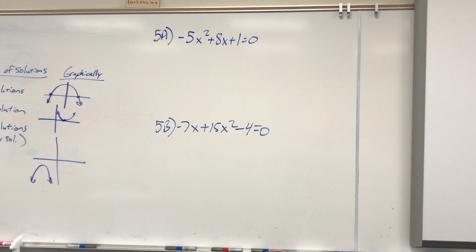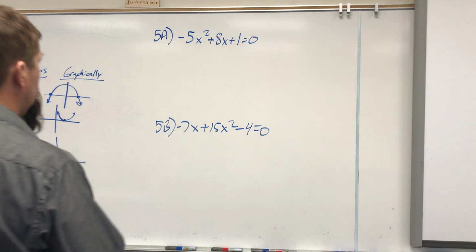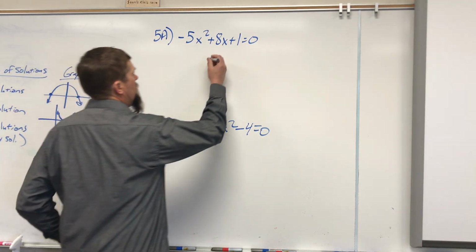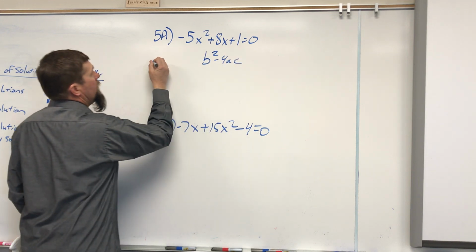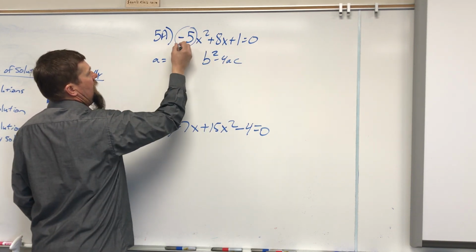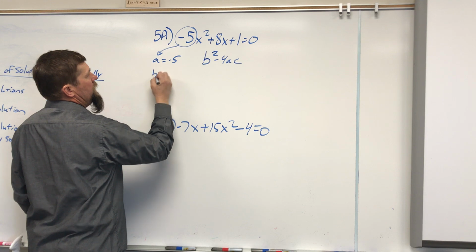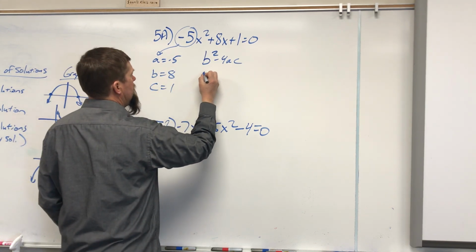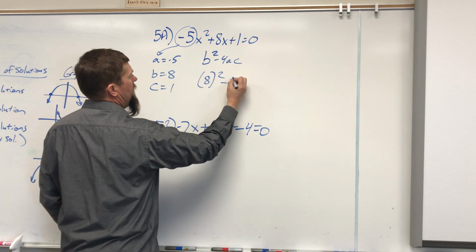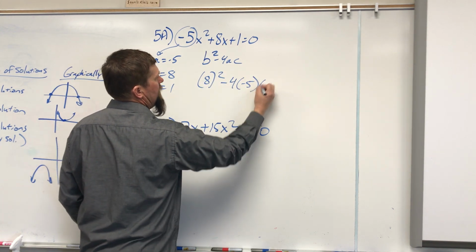So let's do 5a and 5b. If I'm going to find the discriminant, I need to know what a is, which in this case, this is a. b is 8, c is 1. So I put it in here, 8 squared minus 4 times negative 5 times 1.